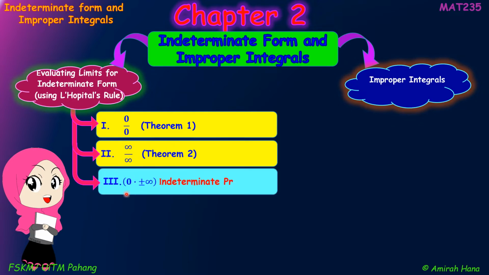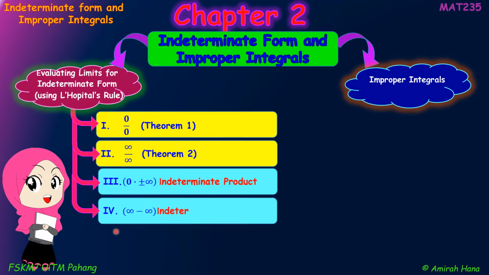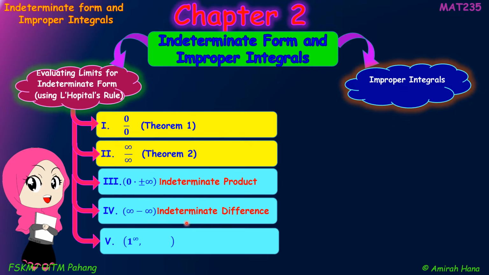Type 3 is 0 times plus minus infinity, which is indeterminate product. Type 4 is infinity minus infinity, which is indeterminate difference. And type 5 is 1 to the power of infinity, or 0 to the power of 0, or infinity to the power of 0, which is indeterminate power.